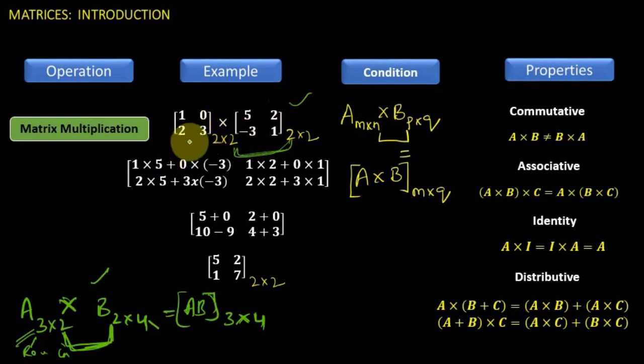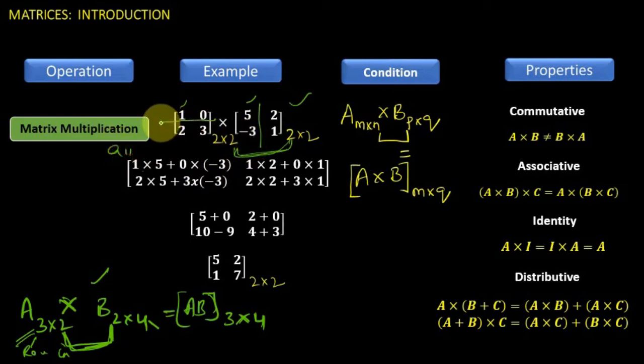So now how to multiply this? See, this first row's elements you should multiply with the first column's elements of the second matrix. How? See, first 1 into 5, right, plus 0 into minus 3. This will give my first element A11.